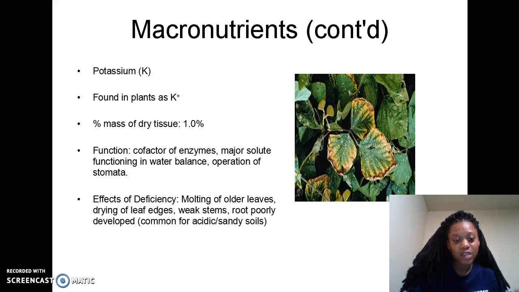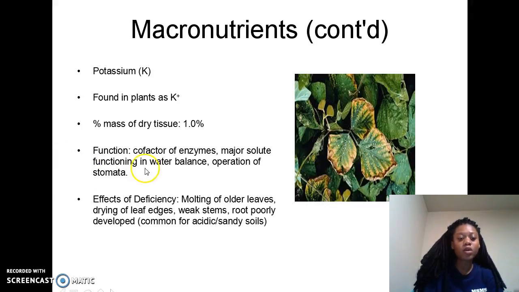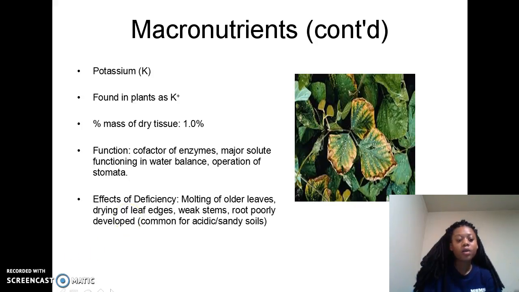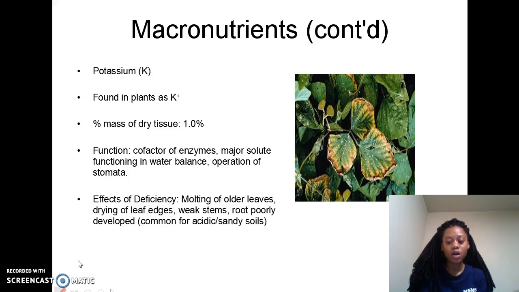Potassium functions as a cofactor for enzymes, a major solute functioning in water balance, and operation of the stomatum. Okay, so going to look at operation of the stomatum first. When you have a large concentration of potassium ions, this will regulate whether the stomata opens or closes.